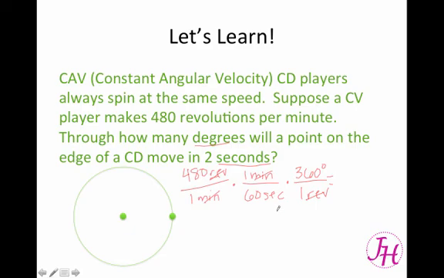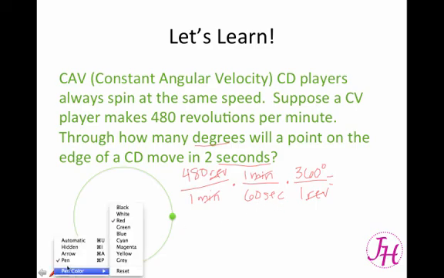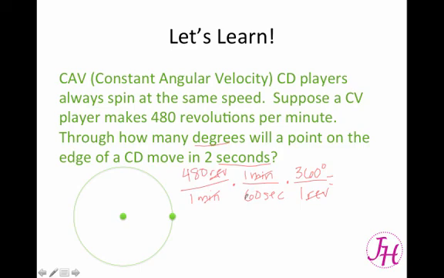An easy way to do that is 60 goes into 360 6 times. So that makes it a little bit easier. And then we take our 6 and we multiply the 480 by 6. And we get 2,880 degrees per 1 second, but we want 2 seconds.